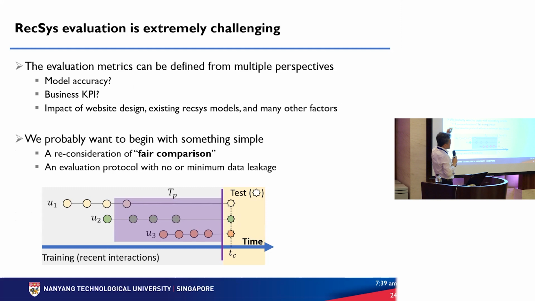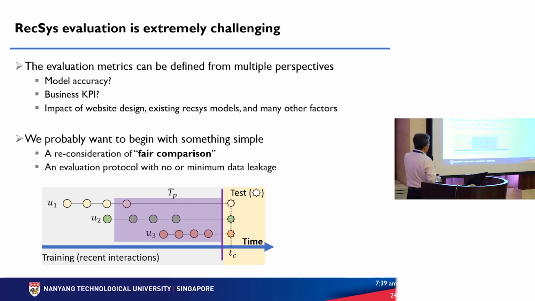Evaluating RecSys is extremely challenging. Consider all the things we mentioned. We need to consider the model accuracy. We need to consider the business KPIs, and this includes two parts: we need to increase the volume and the revenue, and we also need to cut down the cost. We cannot change the entire system overnight.